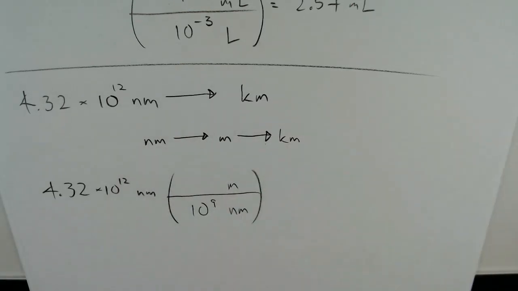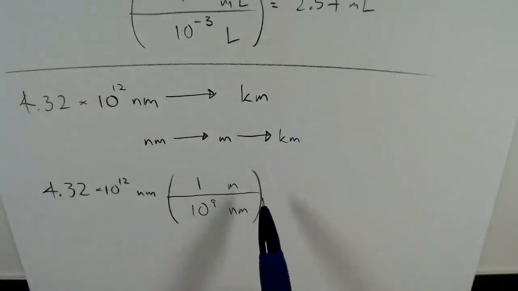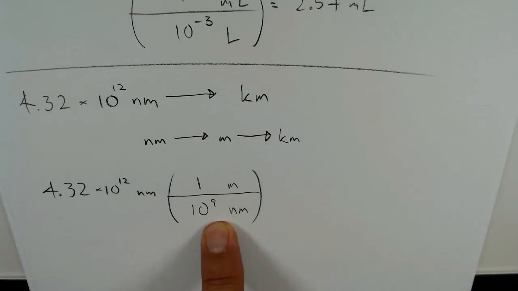That means you need 10 to the positive 9 of those to be 1 meter. The other way would be 10 to the minus 9 meter per 1 nanometer. So if we're using the table directly, that's how you would write it. But like I said, I prefer to work with positive exponents just to make things simple in the calculations. Does it make sense how we're getting this 10 to the positive 9? Yes. Okay.